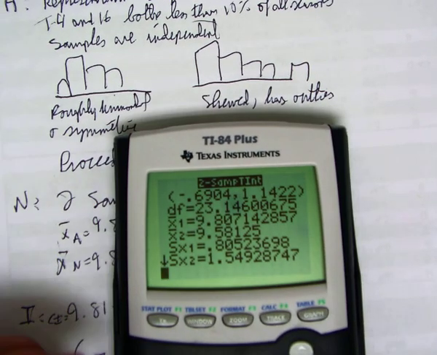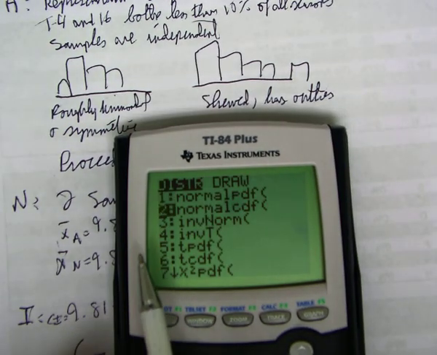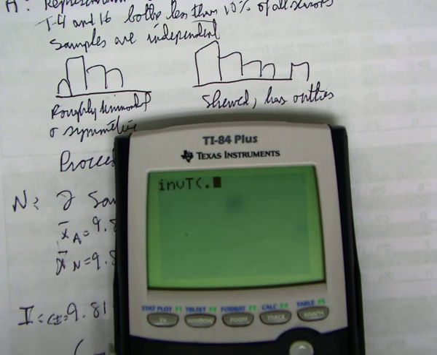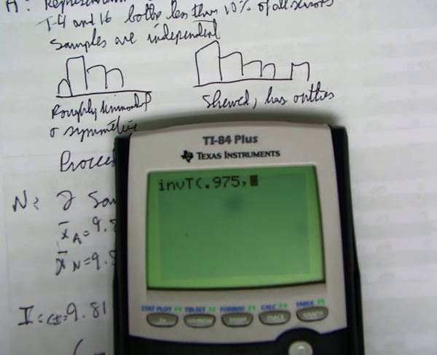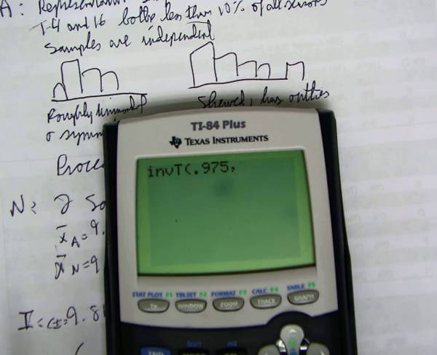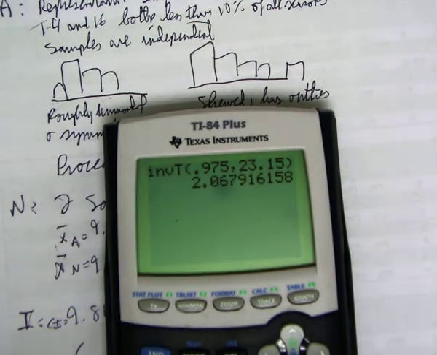I just like to get that. So we're doing a 95% confidence interval, so I'm going to do inverse t, 0.975, and then 23.15. That's going to be our t value. So 2.07.